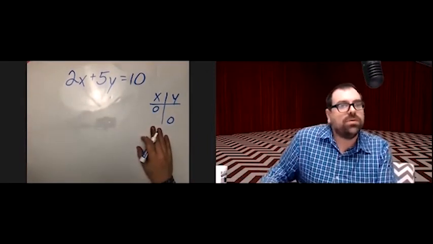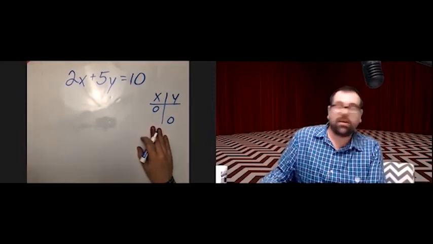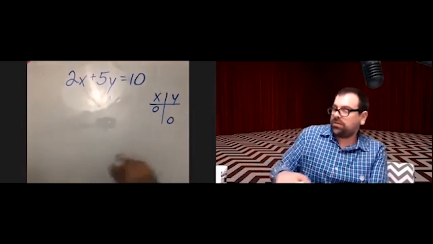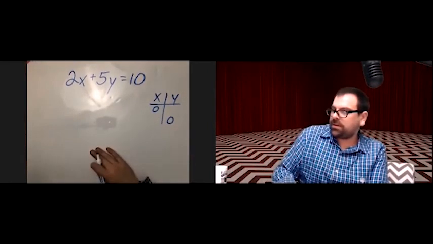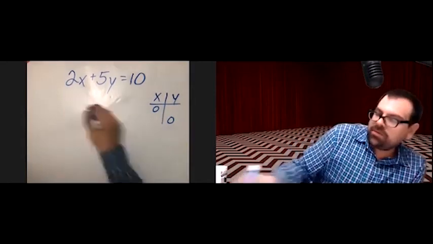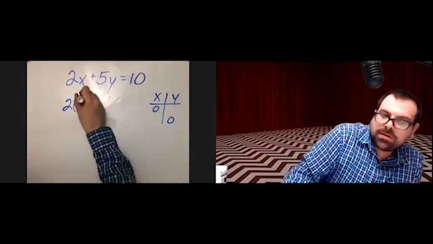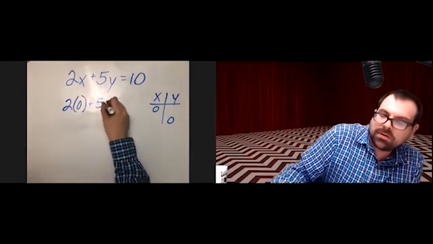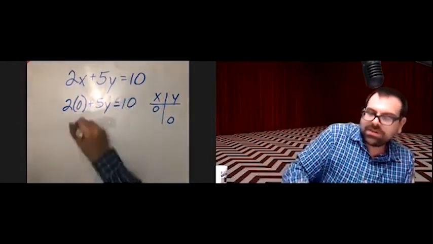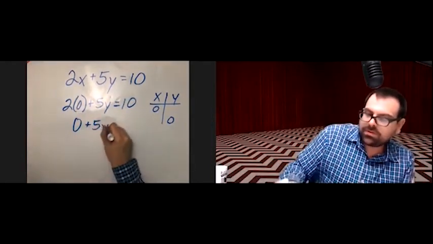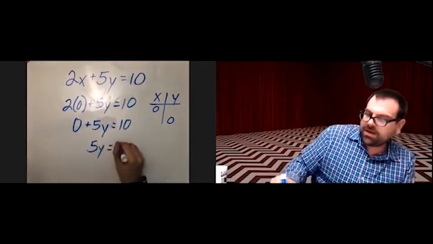My old high school Algebra 2 instructor used to call this the googly eyes method. 0 for x, 0 for y, like a pair of googly eyes. If we plug 0 in for x, two times 0 is 0. 0 plus 5y is just 5y.